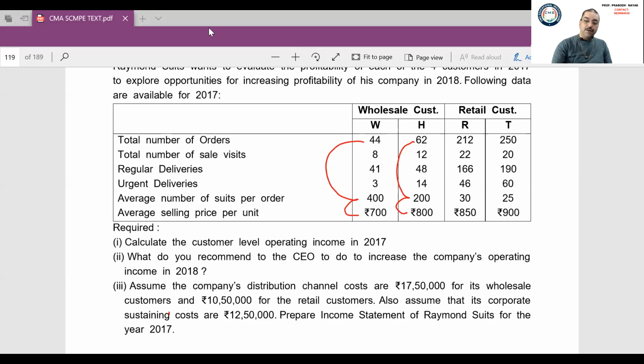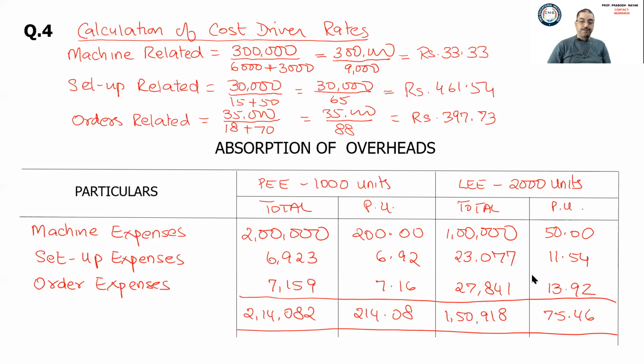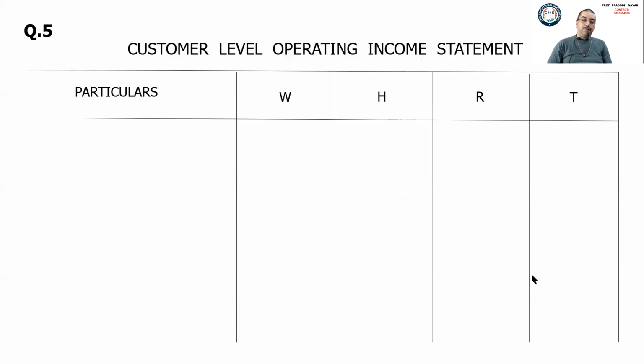So let us now start with the customer level operating income statement. Particulars and 4 columns for the 4 customers.